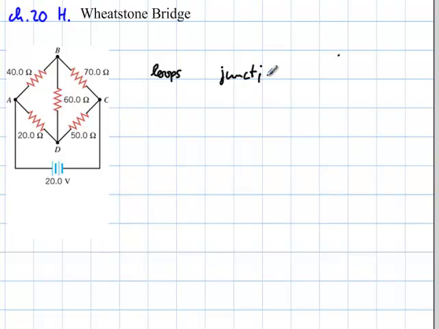Those variables would be the currents that flow through each one of these resistors. So we have 5 unknowns, one for each current. Once we multiply it with the resistance, we get the voltage. So whether we call them 5 unknown currents or 5 unknown voltages, it's not that we have 10 unknowns, we have 5.